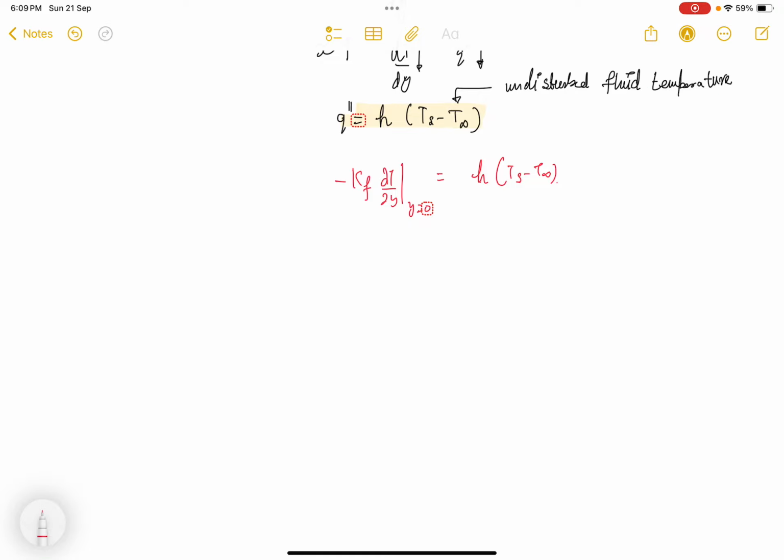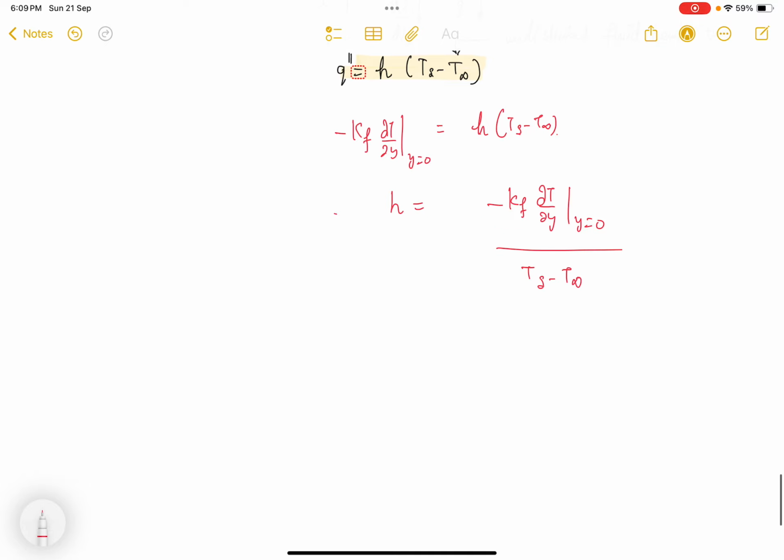So we can find h as minus Kf dT by dy at y equal to 0 divided by Ts minus T infinity. So this will give us the heat transfer coefficient. Of course, it will be the local heat transfer coefficient because h can vary with the location, right?